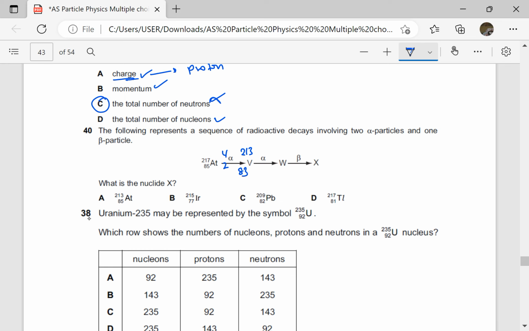Again another alpha particle, minus 4, it will be 209. Then proton number minus 2, it will be 81. Then the beta particle is 0, -1. So this 209 remains 209, and this one increases by 1, so it will be 82. So the answer here is going to be C.